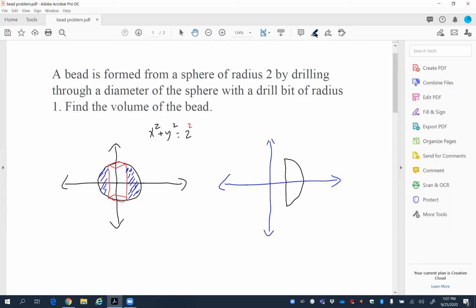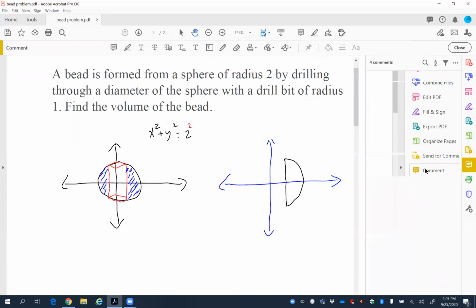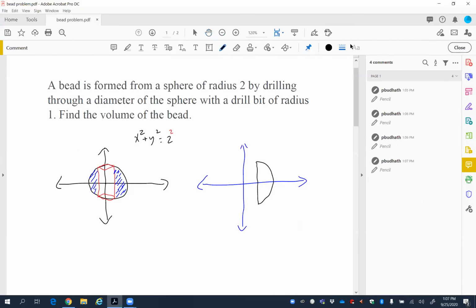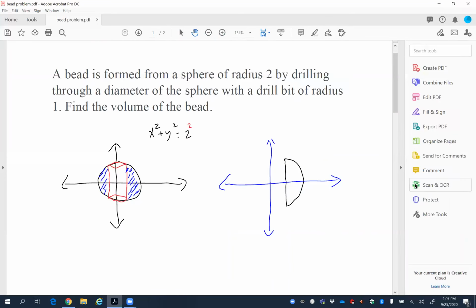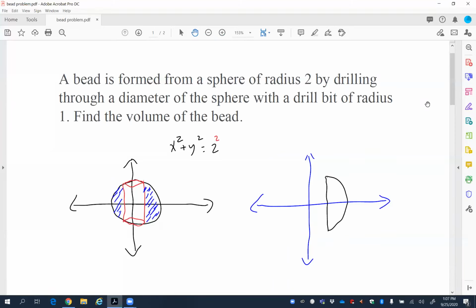For this, you can use the shell method as well, or you can use the washer method. And for the washer method, the volume can be found by using this formula. Let's say we draw a washer here. This is the washer.